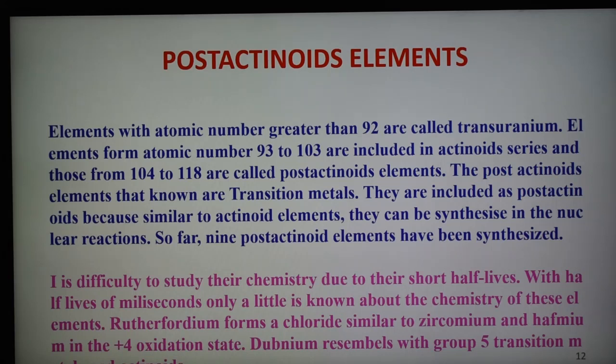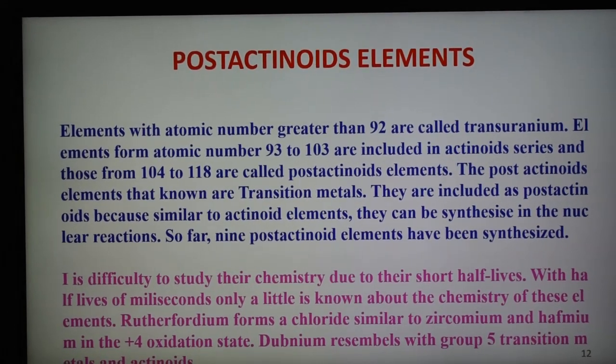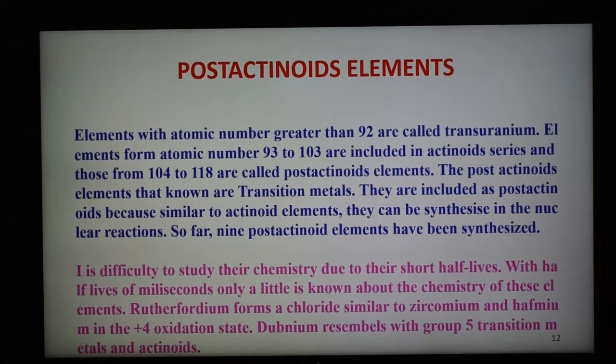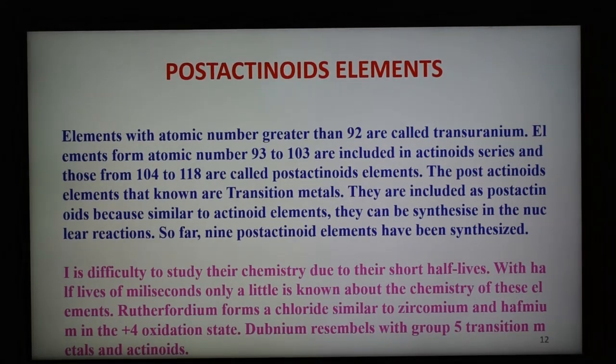All these elements from 104 to 118 have been discovered, but there is a difficulty: nine post-actinoid elements have been synthesized, but it is difficult to study their chemistry because of their short half-lives. So up to 118 elements have already been discovered, and symbols have been given for all the newly synthesized elements, which are known as the post-actinoid elements.